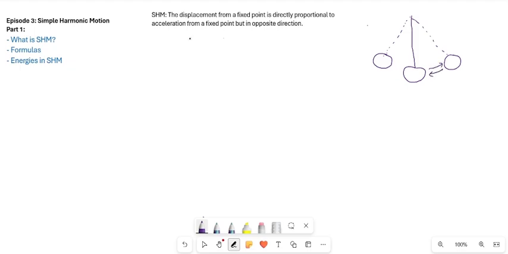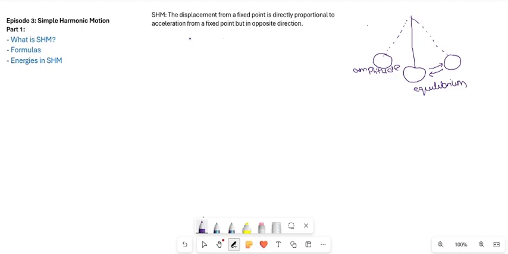Now there are a few things that we need to know. This is where it's in equilibrium. And this is where it has reached its maximum height, and whenever you have maximum height, that is amplitude. So I will say it has reached its amplitude. So you're starting here, you're starting slow at equilibrium, and then you move all the way here.